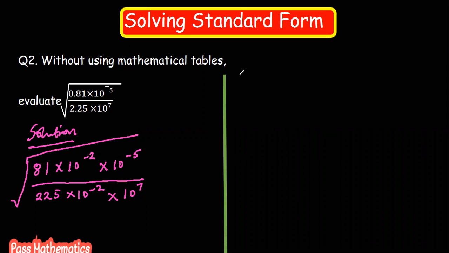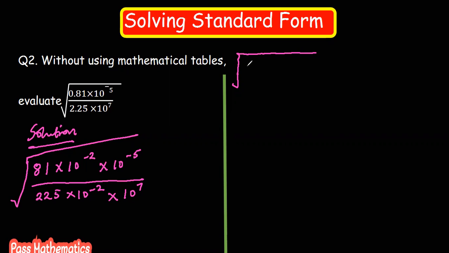So we are going to take the square root, but before then, should we take the square root directly, or okay, let's just say we have root 81.